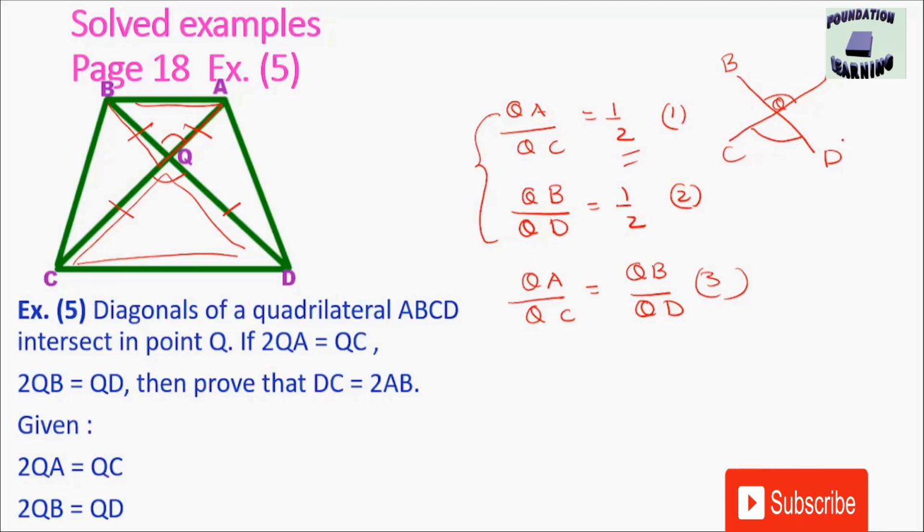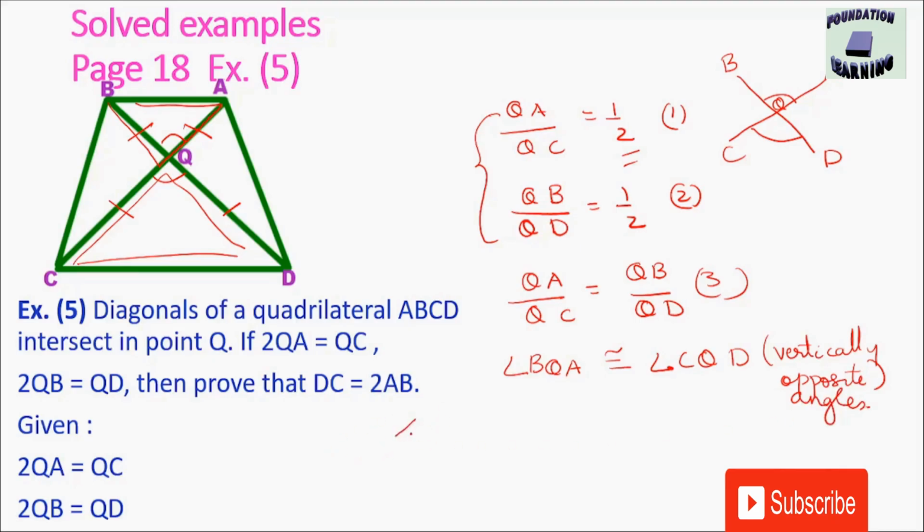So which angles are congruent? Angle BQA is congruent to angle CQD. Why? Because they are vertically opposite angles.